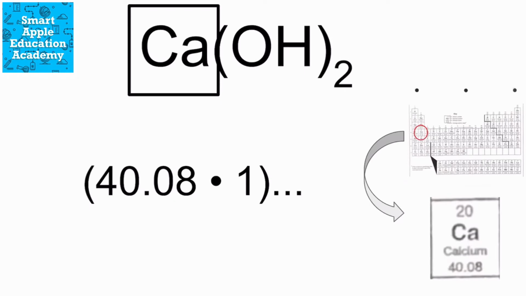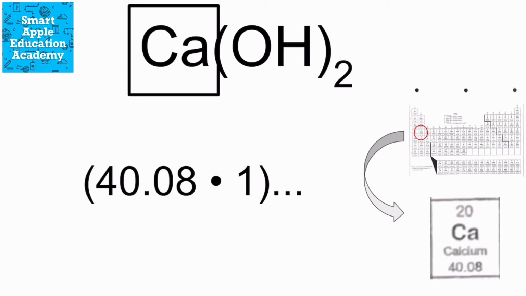The first thing that I'm going to do is just take a portion of this. We're just going to look at calcium here, which is Ca. I've already found calcium on the periodic table. On the right side of the screen, you'll be able to see that its atomic number is 20 and its atomic mass is 40.08. Just note that atomic masses may be different on different periodic tables.